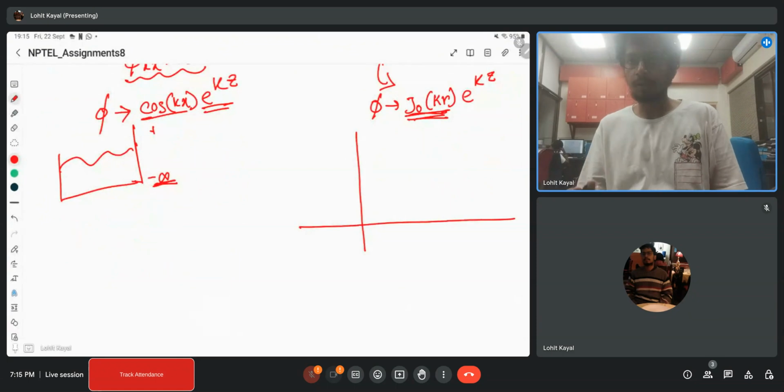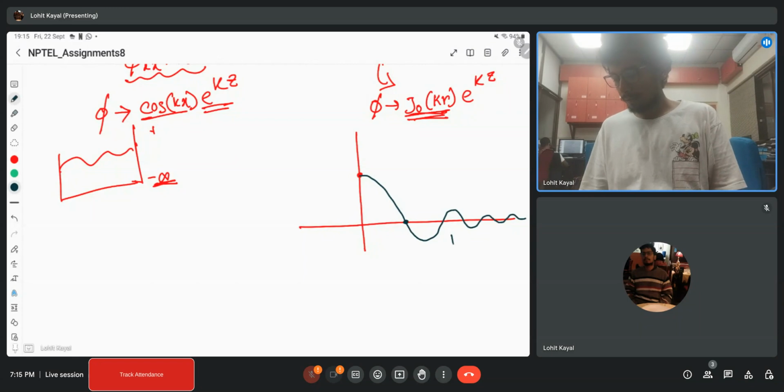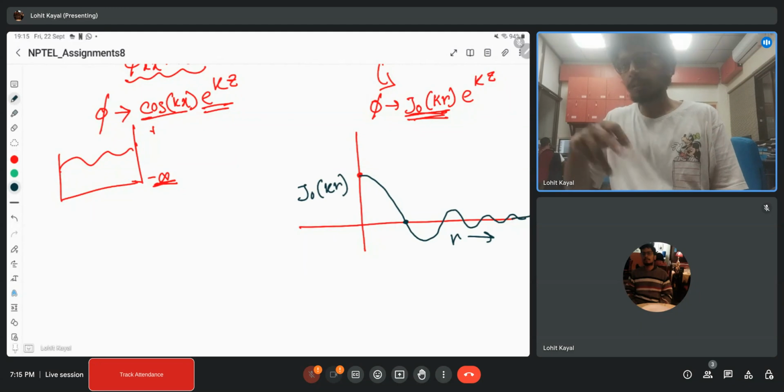You all know the graph of cos kx. For J0, the plot looks like this. It is also an oscillatory function, but it decays.